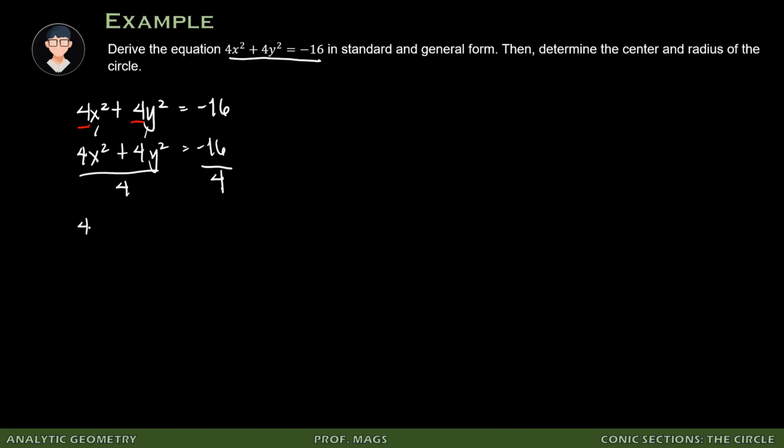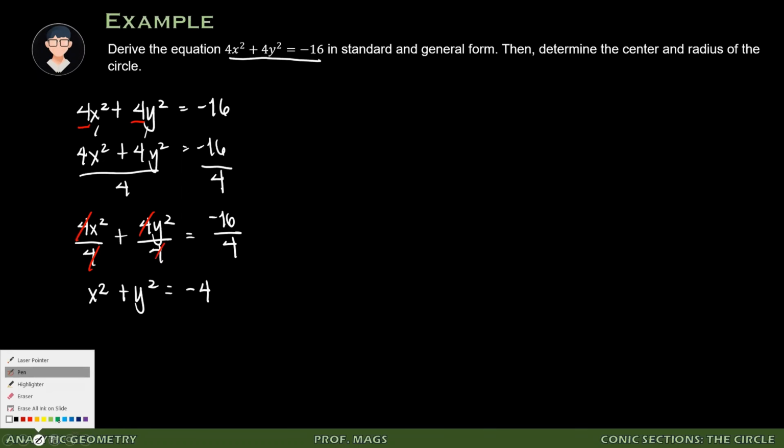So, we have 4x squared all over 4 plus 4y squared all over 4 is equal to -16 divided by 4. So, makakancel out yung 4. We will be left with x squared plus y squared is equal to -16 divided by 4. That is equal to -4. So, this is our standard equation for this example.